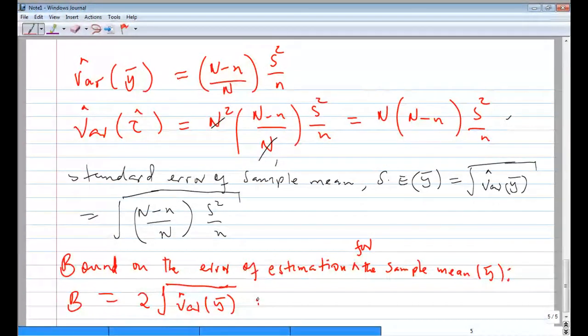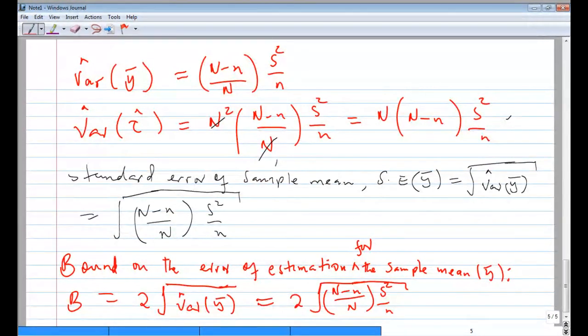And this can also be written as 2 times the square root of N minus n, divided by N, s squared over n. It's the same thing. That's the bound. It's the bound, which is why it has a 2 here.